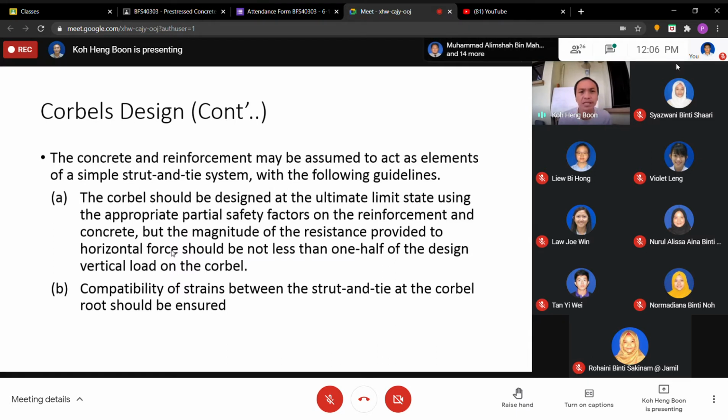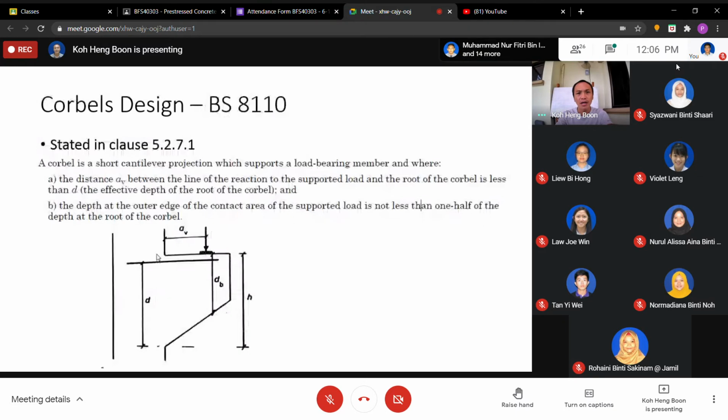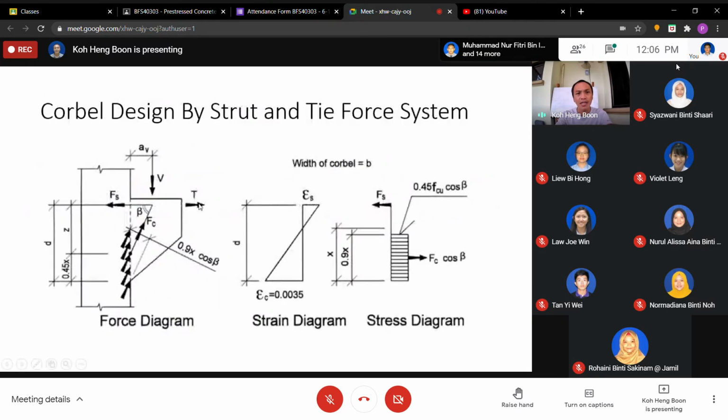So what does it mean here actually? Based on this, the T force that you're going to design, the horizontal force on top, which is the tension that you get, must not be less than half of this V vertical load. For example, let's say the V is 1,000.